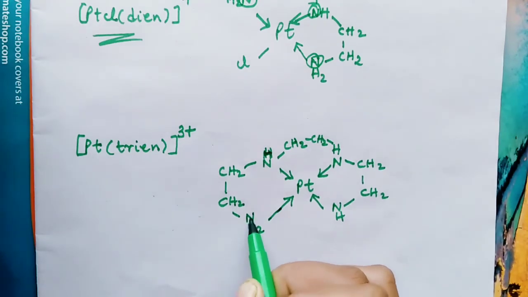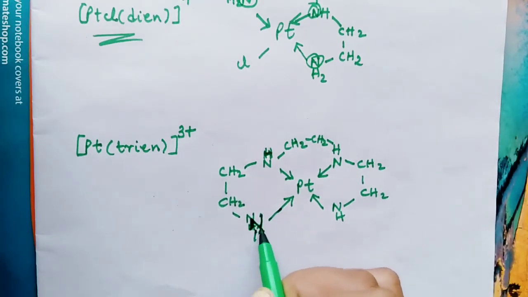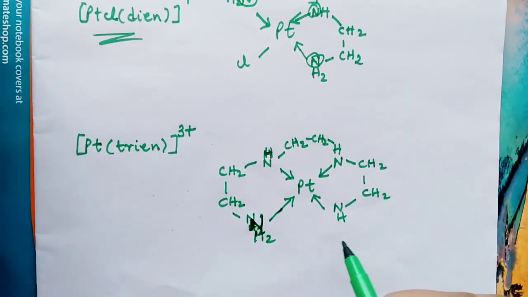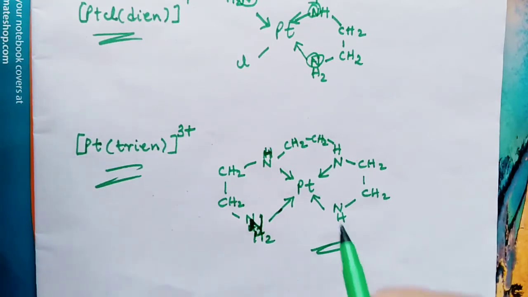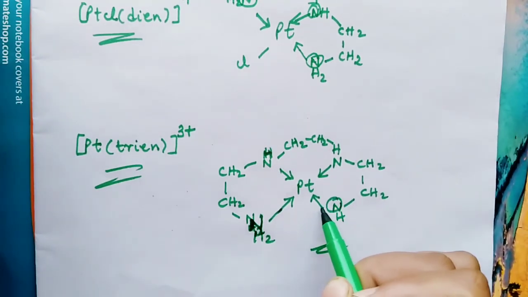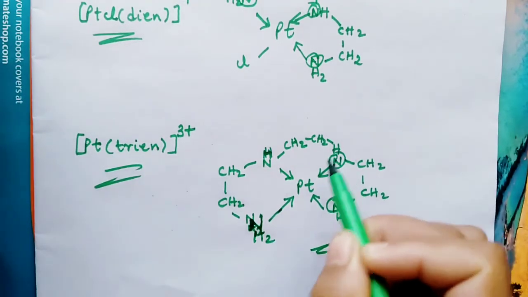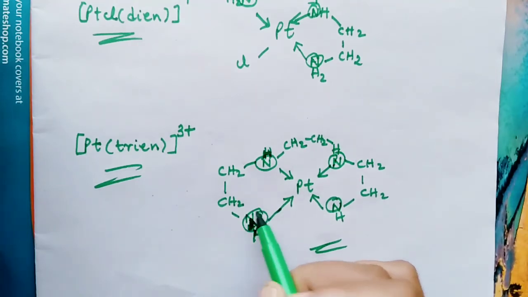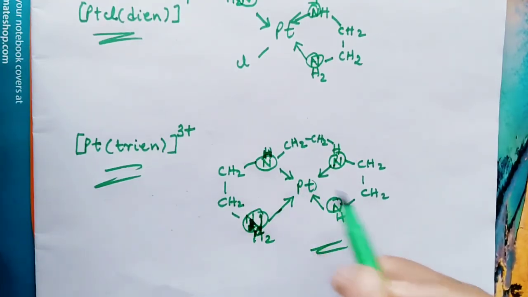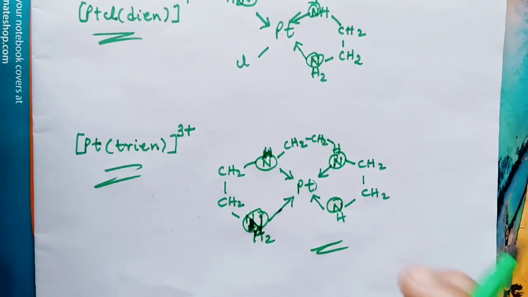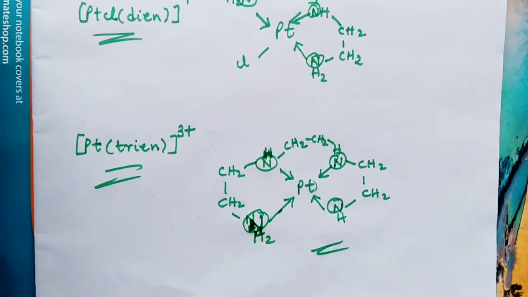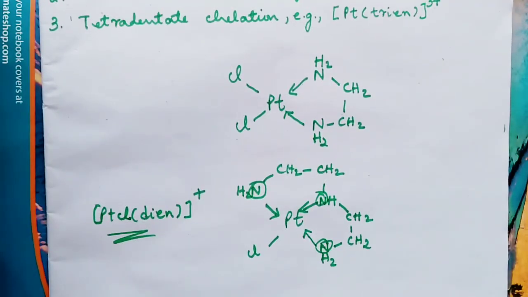Let me draw it properly here. How many donor atoms? 1, 2, 3, 4. They are all attached to the central metal atom. So this is an example of a tetradentate chelation. I hope you have understood this. That's all.